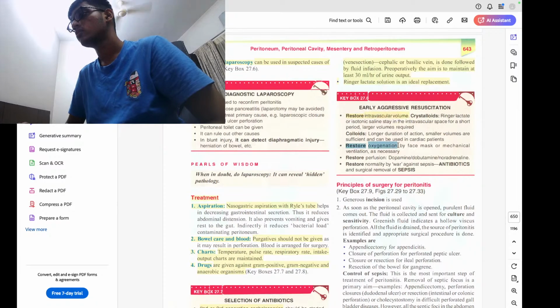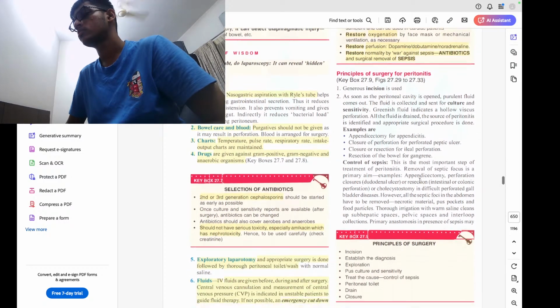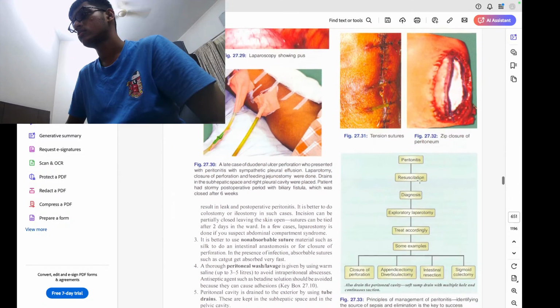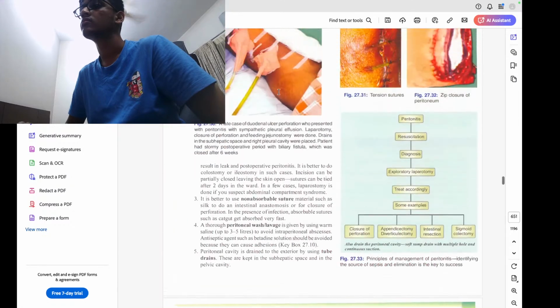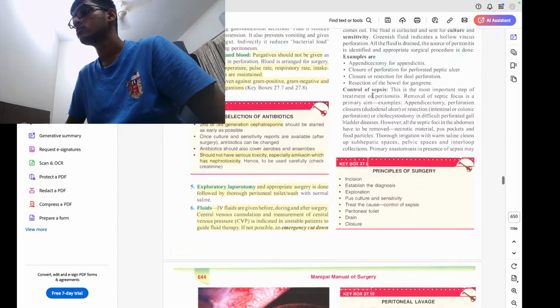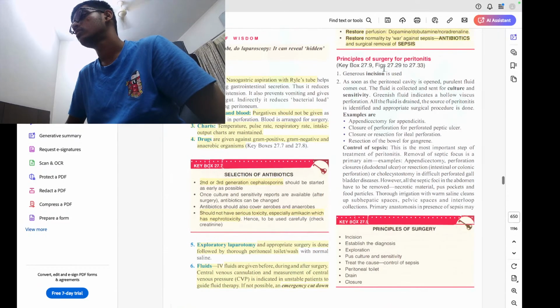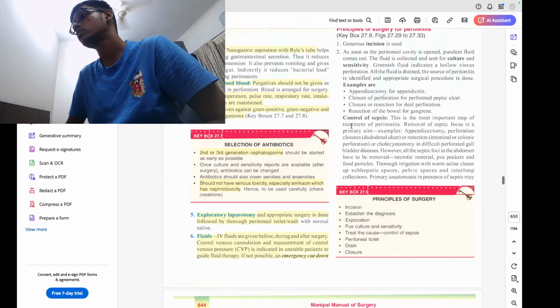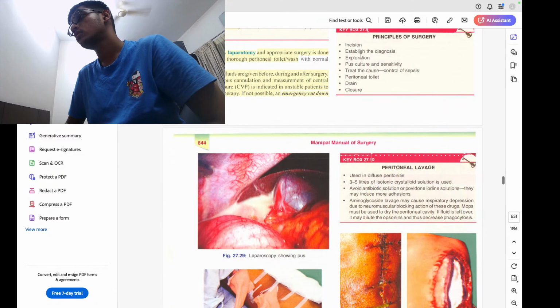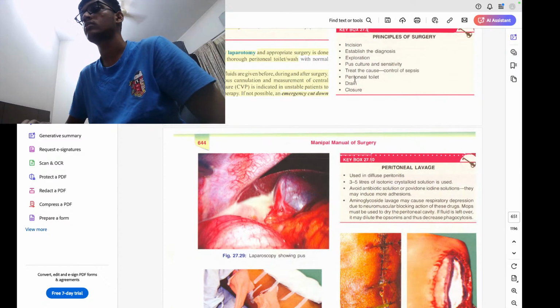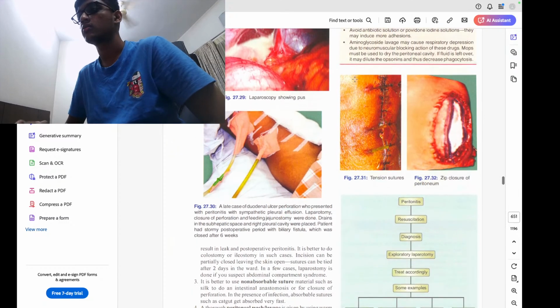Restore volume, restore oxygenation, restore perfusion, with dopamine and so on. Restore normality by waging war against sepsis. Antibiotics in surgical sepsis: culture and sensitivity should be done, removal of appendix and whatever needs removal should be done. Establish diagnosis, explore, send pus for culture and sensitivity, treat the cause, peritoneal drainage and closure.